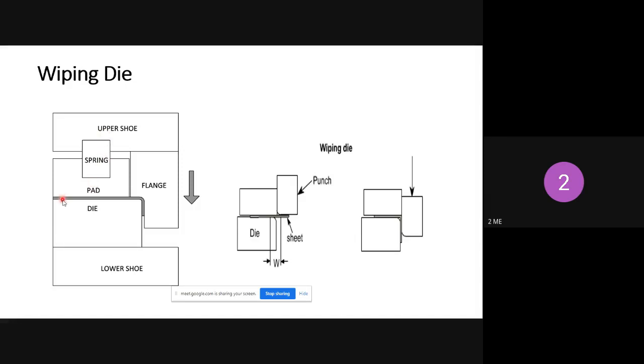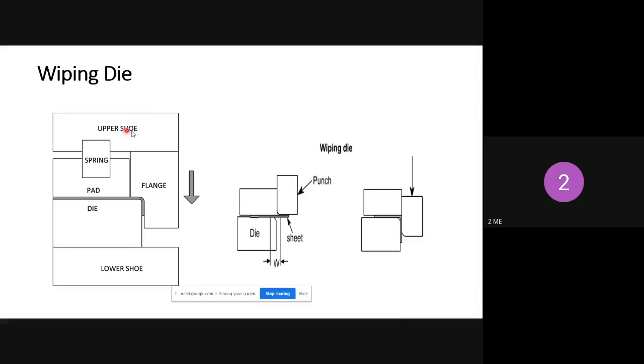Then the sheet metal is placed above the die. This is called the flange, which is similar to the punch only. Here you can observe the sheet metal is placed in a die. This is for supporting purpose. This is also supporting.